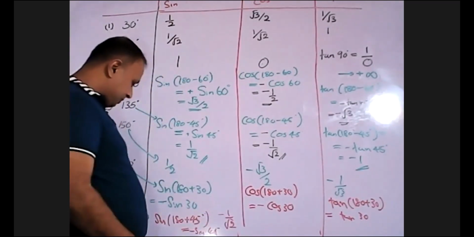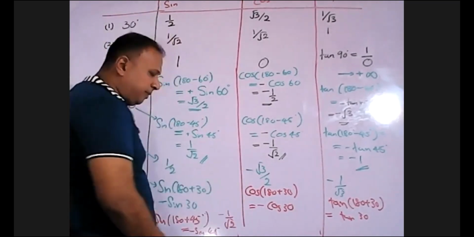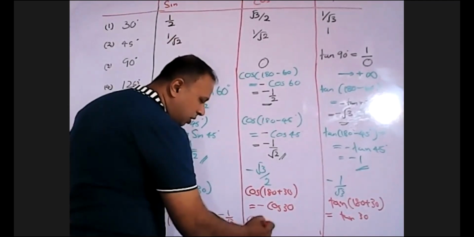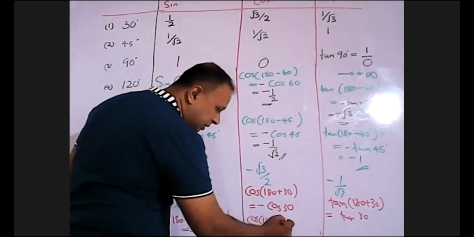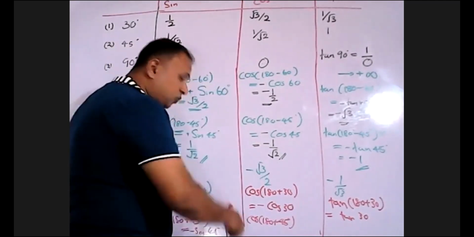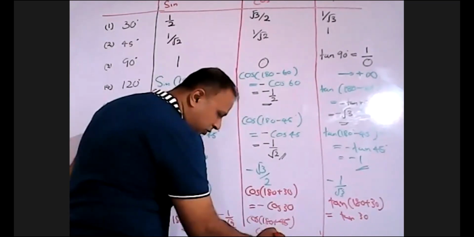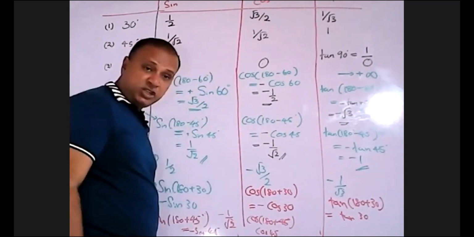Then cos 225. Cos 225 means cos of 180 plus 45. Cos of 180 plus 45 means cos 45, because this is an even multiplication.